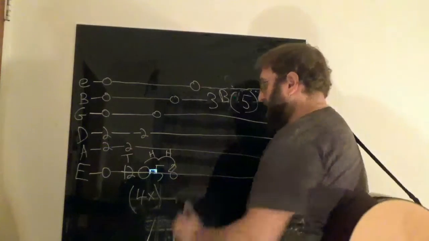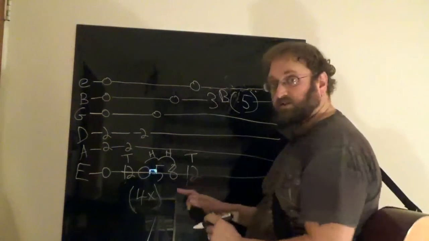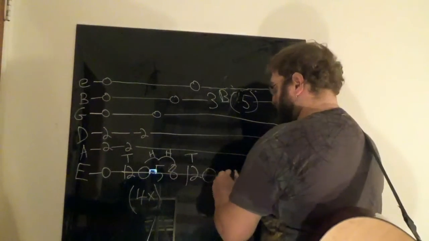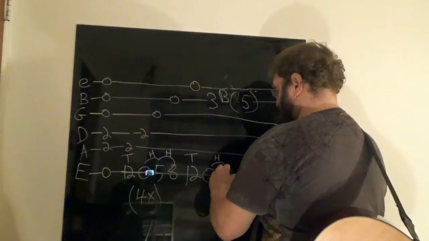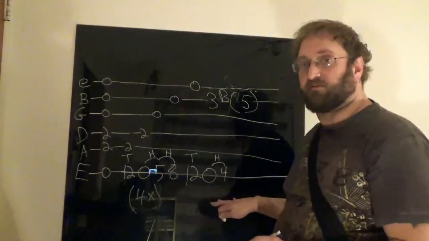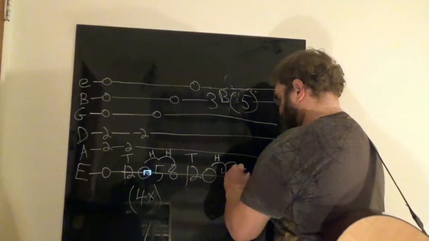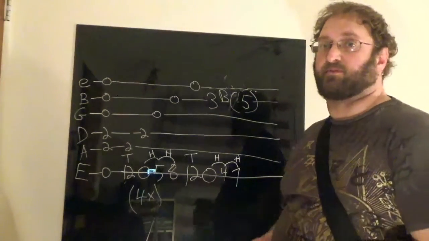Alright, so I did that, and then I changed it. I'm still tapping on the 12th fret, released it to open, and then I did a hammer-on to the 4th fret, and then another hammer-on to the 7th fret. So that was actually the thing I was just playing a minute ago.